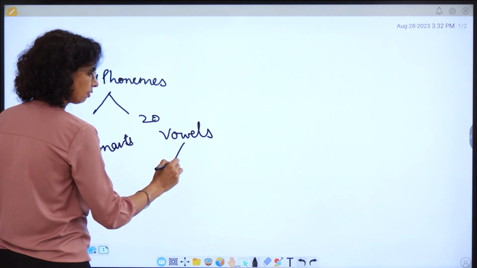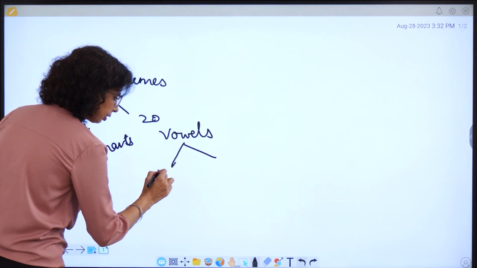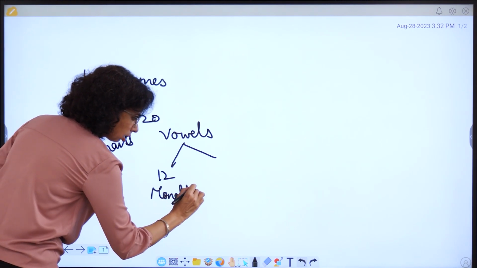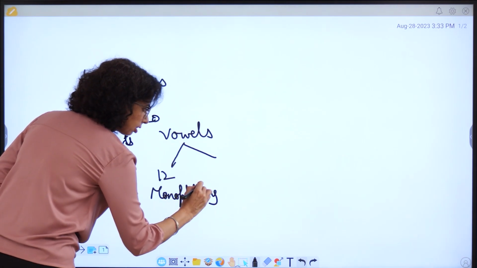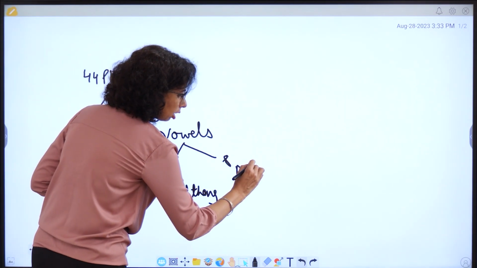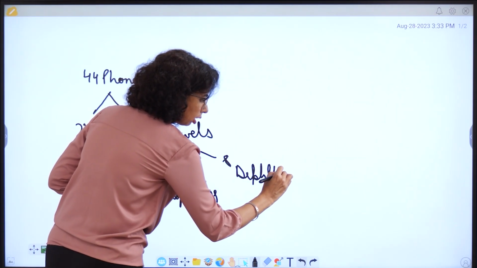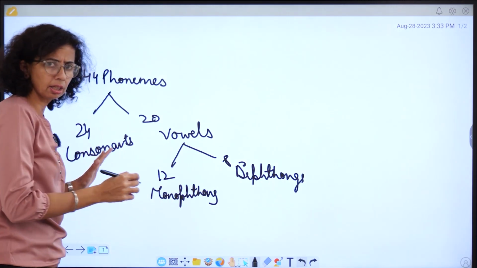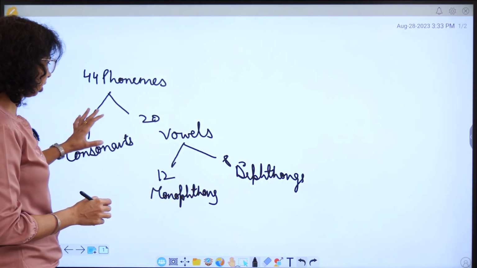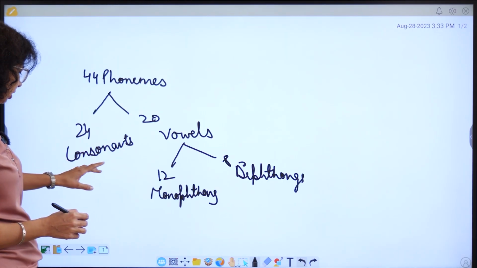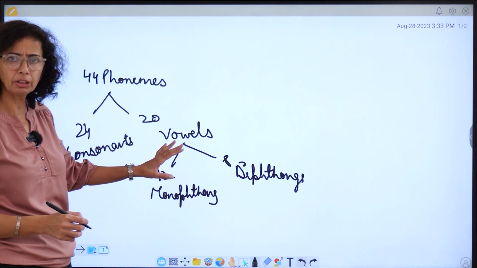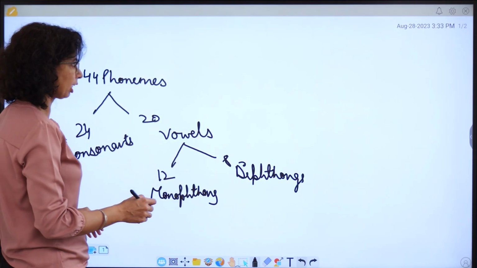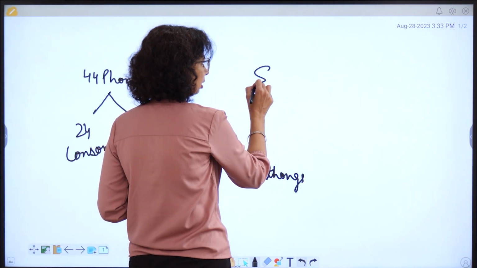These 20 vowels are further divided into two categories, that is 12 monophthongs and 8 diphthongs. We have covered these things in the previous sessions. We have explained all the 24 consonants in detail, and all the 20 vowel sounds in detail. And in today's session, we are going to take up the next topic, that is syllable.